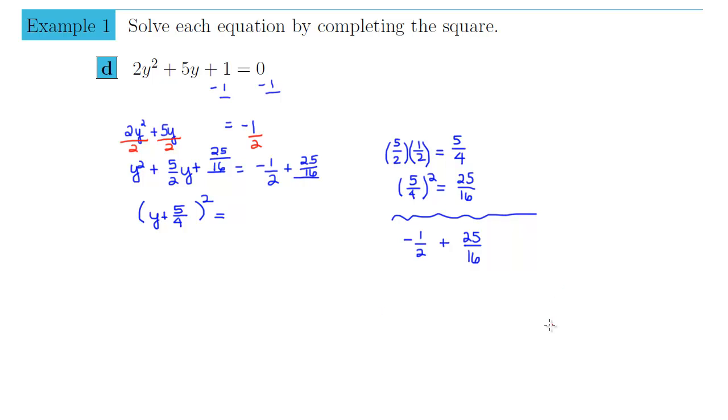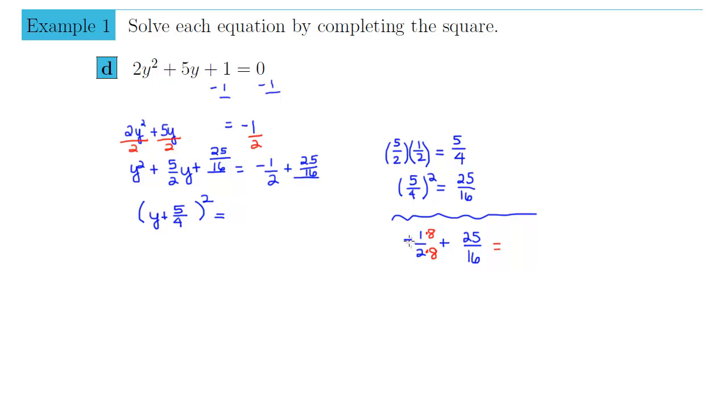How do we add unlike fractions? We need to get a common denominator. What's our common denominator of 2 and 16? Well, that's simply 16, which means we have to multiply our first fraction on the bottom by 8. 2 times 8 will give us 16. And if we do it to the bottom, we have to do it to the top.